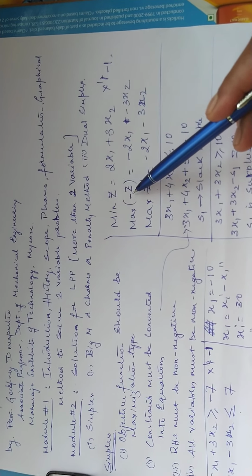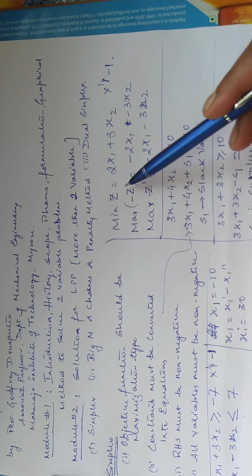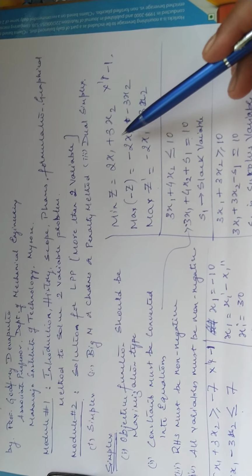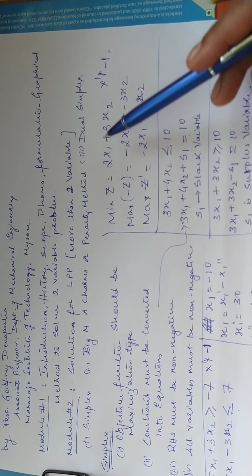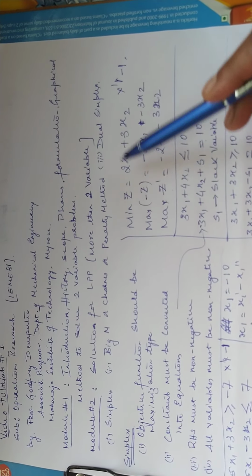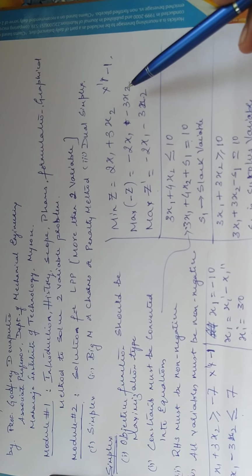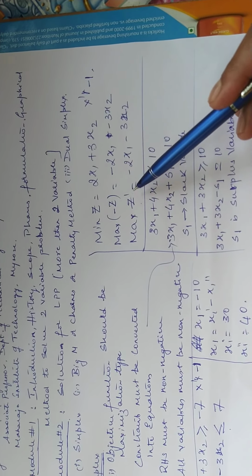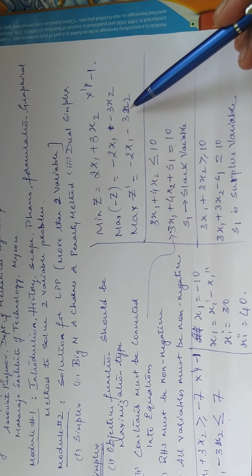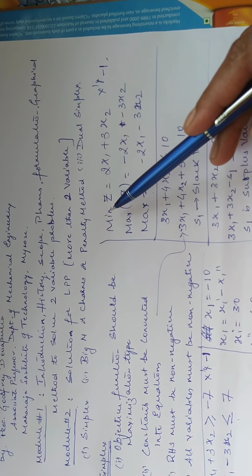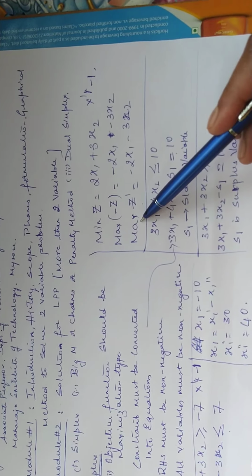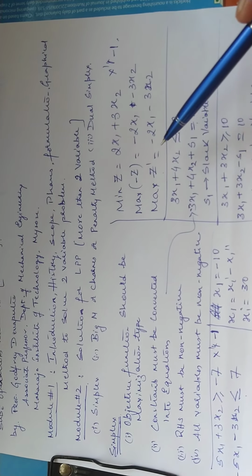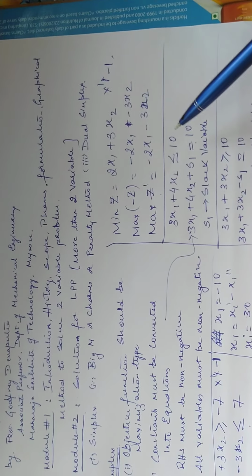I'm going to simply write the function as minus z, which is equal to minus 2x1 minus 3x2, where you can observe that the whole equation has been simply multiplied by -1. This can also be written as maximize z dash is equal to minus 2x1 minus 3x2. So we have been able to convert the minimization problem into a maximization problem, and therefore we can use the procedure which I'm going to teach you in the next video to solve the LPP.